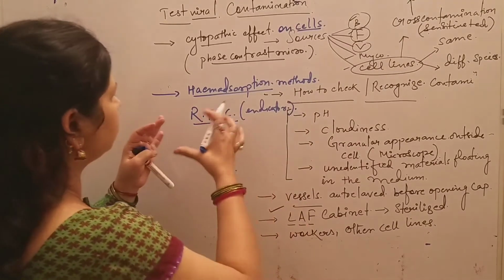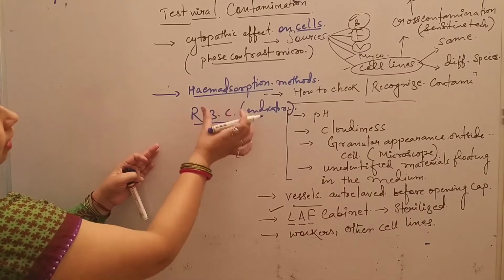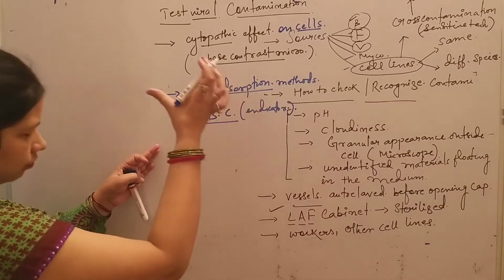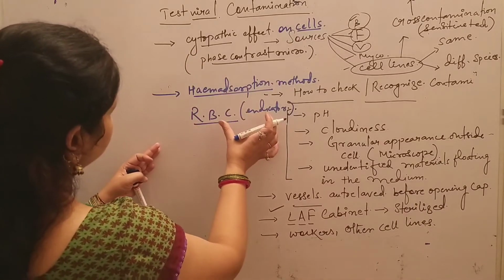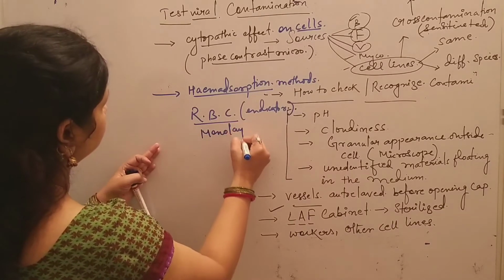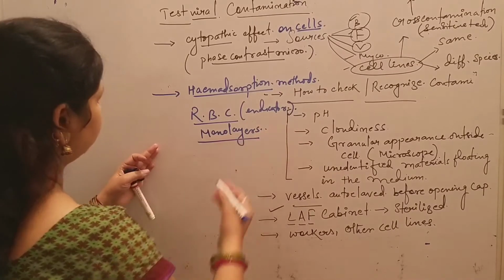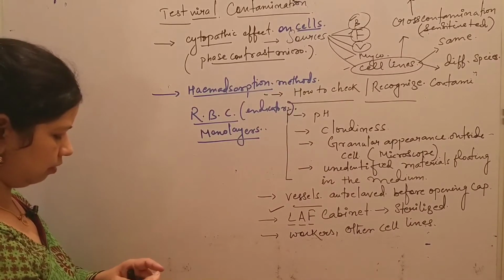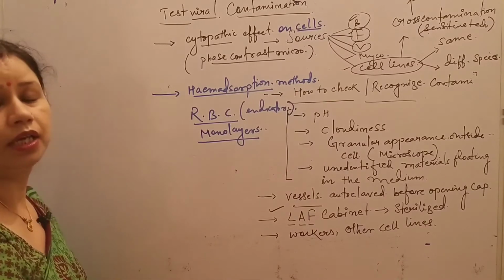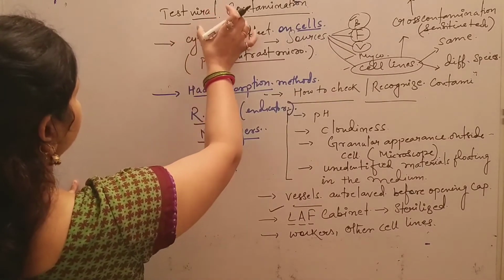The indicator red blood cells are used in the case of monolayers. So adsorption of indicator RBC by virus-infected cells in the monolayer. By this technique also we can detect viral contamination.